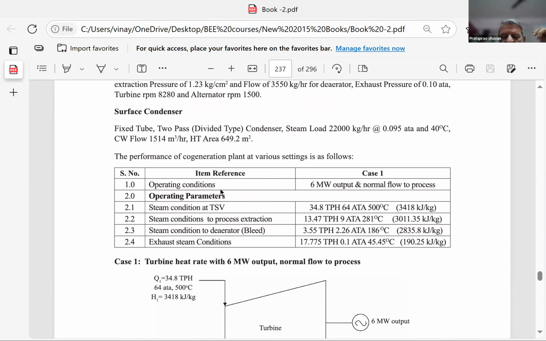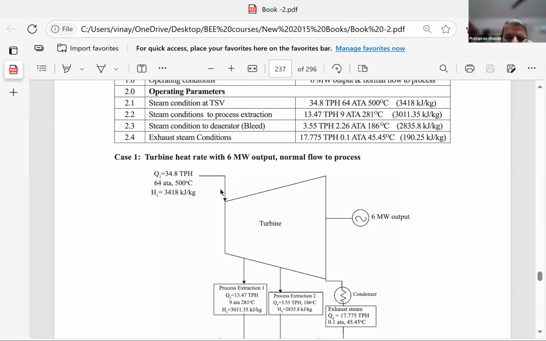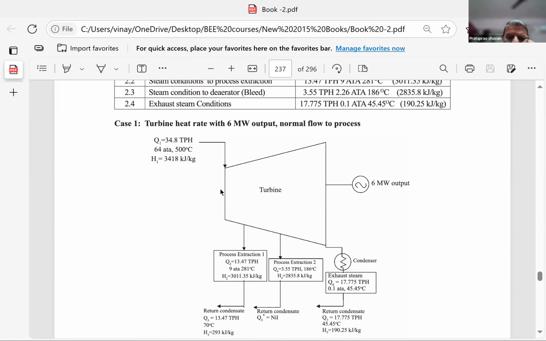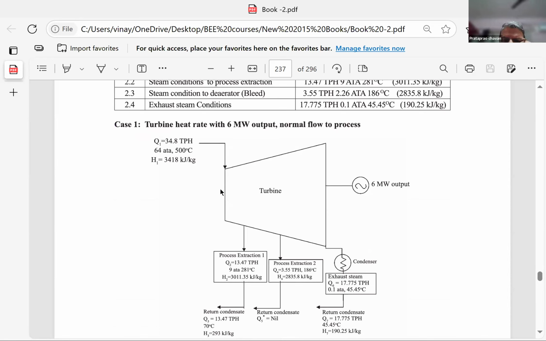Now, there are some examples where the parameters are given. Look at this. Turbine heat rate with 6 megawatt output, normal flow in the process. Now, here the total input of heat, how will you calculate? This is the Q quantity, tons per hour of fuel.